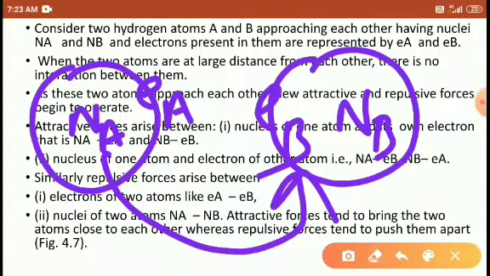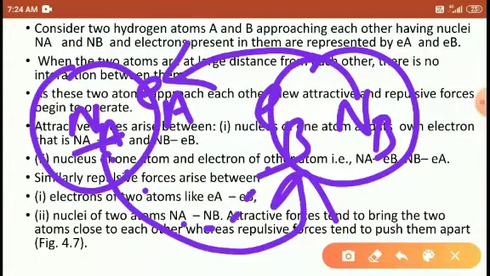Why does the nucleus of Na attract the Eb electron? Because students, whatever nucleus is there, it wants to attract the other atom's electrons. So Na tries to attract Eb, and Nb attracts Ea. Or you may say the electron Eb, which cannot get the proper amount of attraction from one side, is attracted by Na. So Eb gets attraction from both sides, and that is why it is more stable in the bonded state. Ea also gets attraction from both sides, getting the proper amount of attraction.